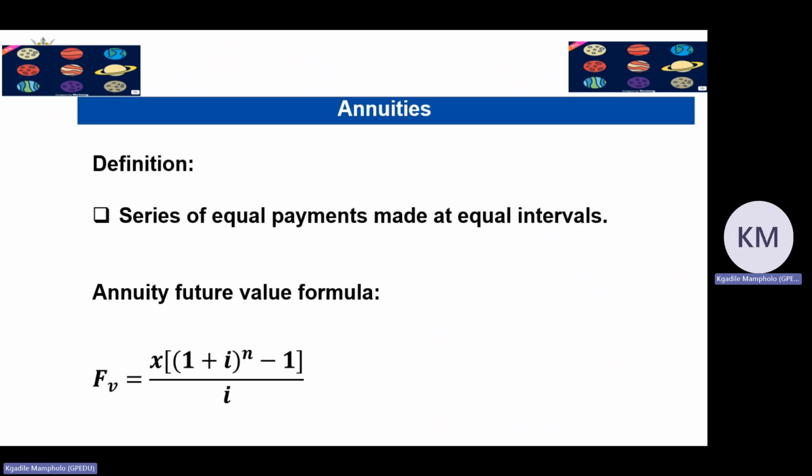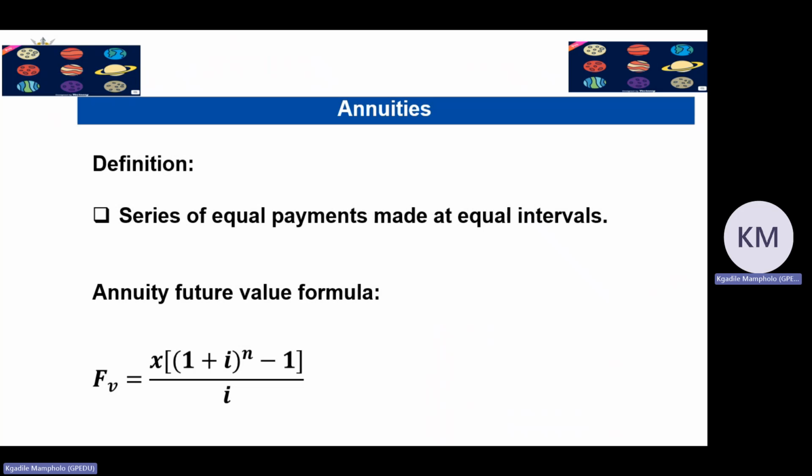In grade 11, you learned about investments where one only invests a lump sum for a certain period. But annuities is when you save fixed amounts at equal intervals.